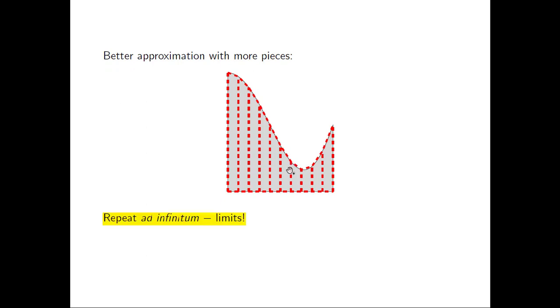We can continue this process of dividing the area into smaller, more numerous pieces, approximating each piece as a trapezoid, and adding up the areas of the trapezoids, getting better and better approximations of the area of the original figure.